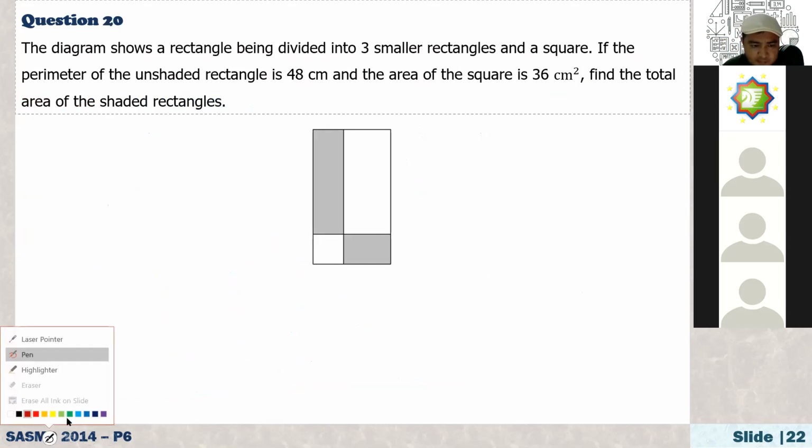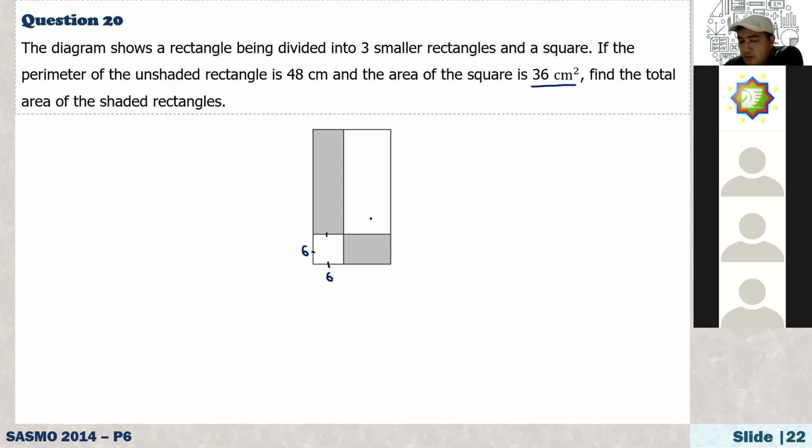If the area of the square is 36 square centimeters, then one side of the square is equal to 6. And the unshaded rectangle perimeter is 48, so I wrote L plus W times 2 is equal to 48. The question asks to find the total area of the shaded rectangles.